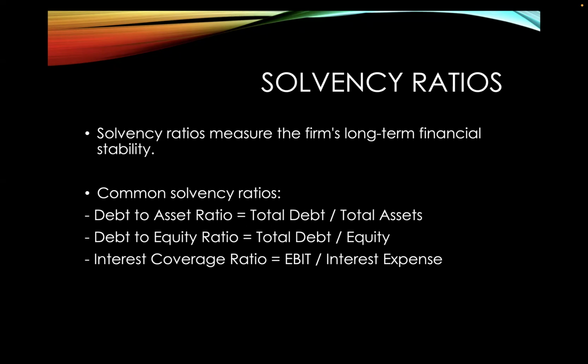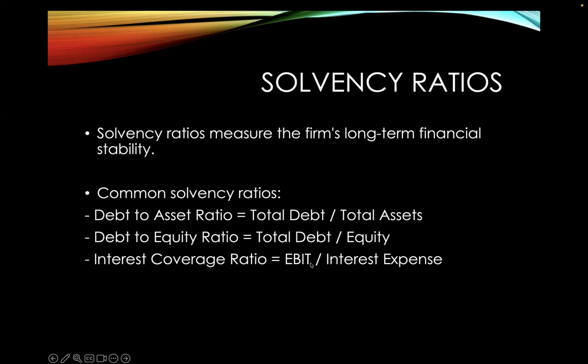Debt to equity ratio is your total debt over equity. And then finally, interest coverage ratio, or your EBIT. When we say EBIT, that's your earnings before interest and tax.